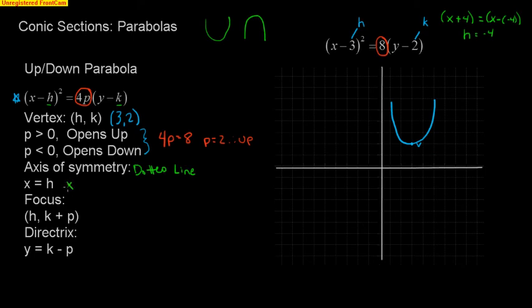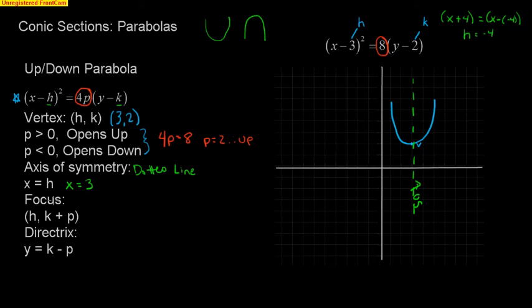Make sure you write the equation. So x equals 3. So if I go over to 3, I'm going to see that I'm right in the middle, and I just draw a dotted line that goes right through the middle. And I will label that AOS for my axis of symmetry.